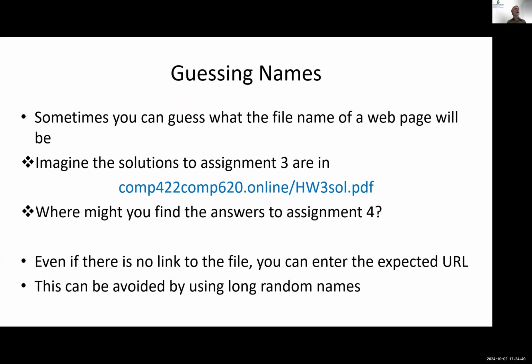Because I might, trying to be ready, put it out there before the assignment is actually due. I might go out there and create the assignment and put it out there. I have the solutions because I usually write those when I write the assignment, so I put them out on the web page. And where would I put it? Well, it doesn't take a lot of brains to say I might look at hw4sol.pdf. So you might go out and look at that.